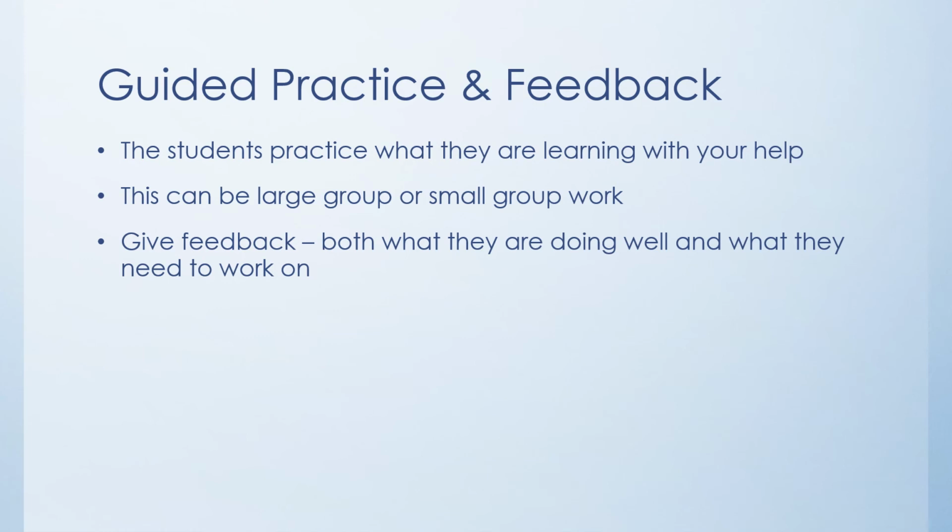And then I'm going to go around to all the different partners. Let's say I have 12 different partners, or maybe I'm going to do it in groups of 3, and then I'm going to go around the room and I'm going to give them feedback. I'm going to look at what they've done so far, and I'm going to let them know what they're doing well, where they're on track, and what they might need to work on before we move to the independent practice.